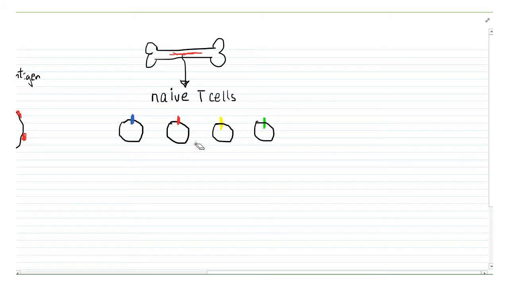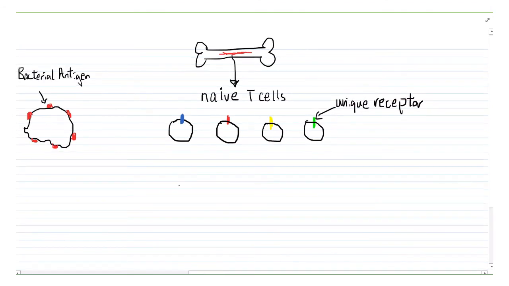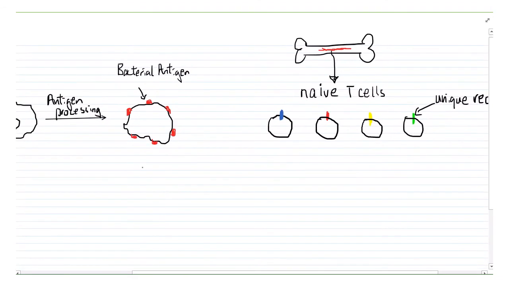So each of these naive T cells will have a unique receptor. And again, you get this receptor by shuffling your genes, okay? By splicing different introns in and out and connecting different exons together, and you will be able to get a unique receptor, okay?